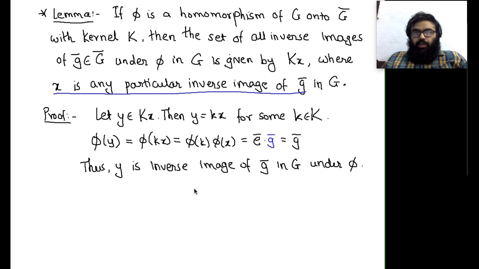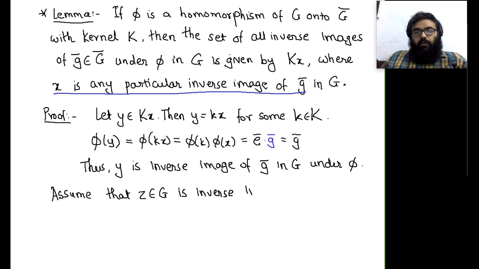Now what we need to show is, if there is any other inverse image, then it must be in Kx. So assume that z is an inverse image of G bar under phi. That is, phi of z equals G bar.